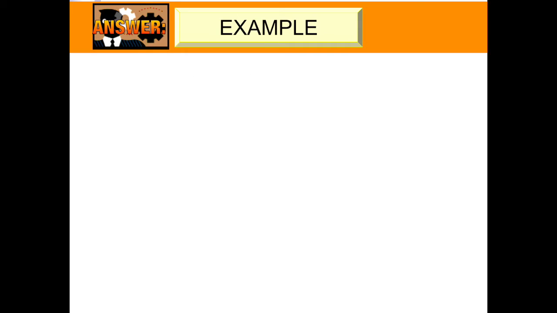So let's solve the example problem. First of all, we write the equation at anode and cathode. As you all know, the anode must be the more negative standard reduction potential, which is -0.44. When we reverse the equation, it becomes positive 0.44.